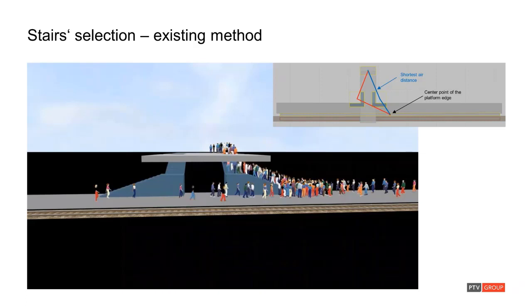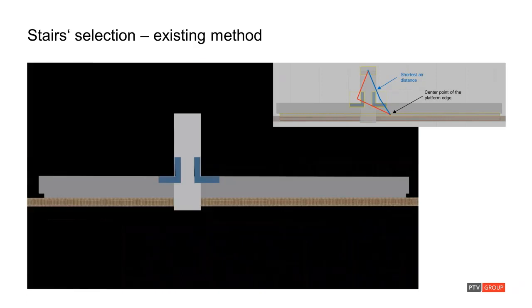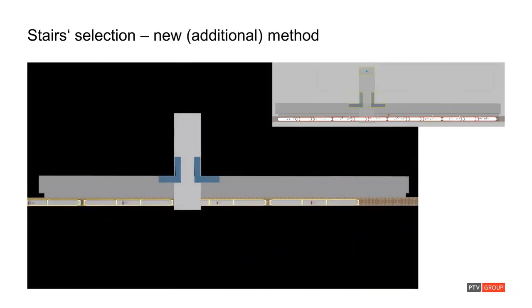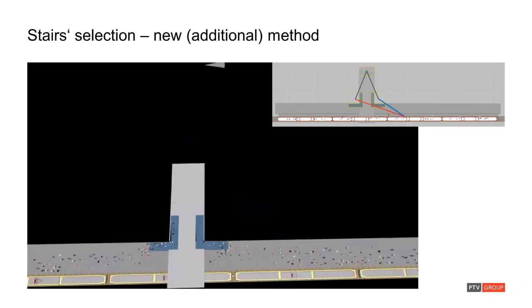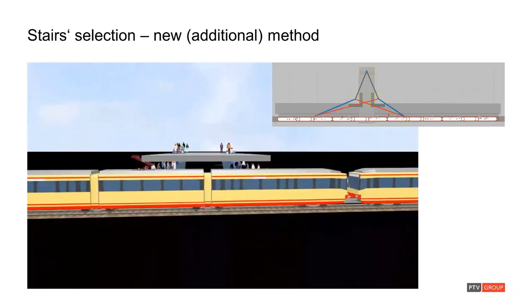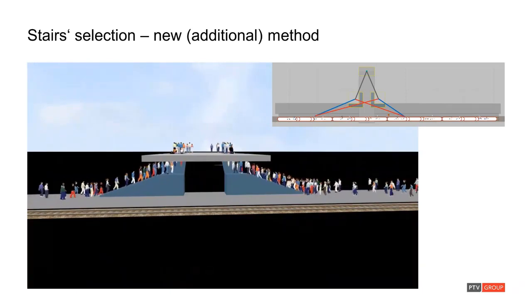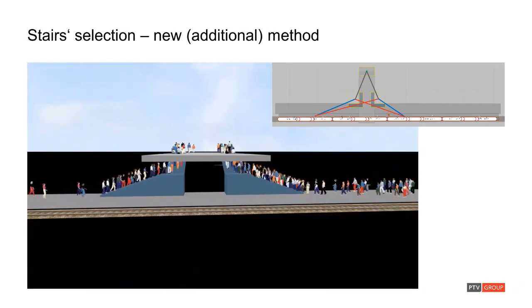But now with the quite nice improvements we have made in pedestrian simulation speed, we could offer a new method, and now you can choose to have every pedestrian calculate the shortest path for themselves when arriving on that area where the routing decision is located.